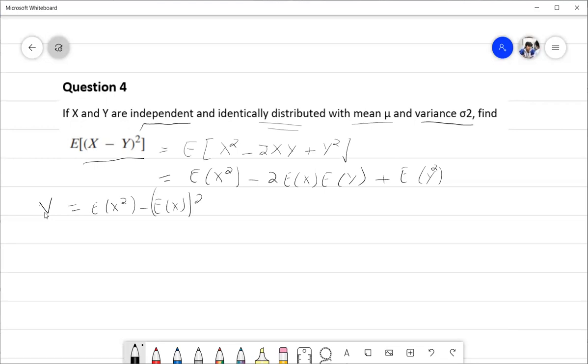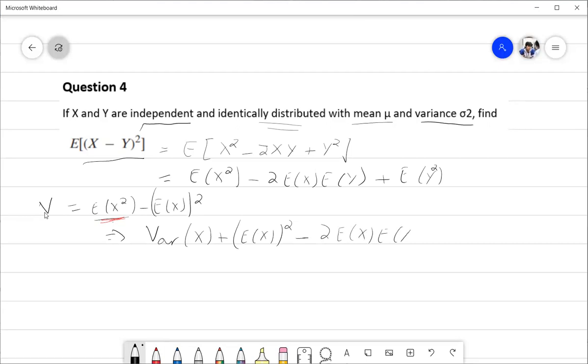So if I make this the subject, I can denote E x square as variance plus expectation whole square. So my new expression will now become variance of x plus expectation of x whole square, minus 2 E x, again, we know that.